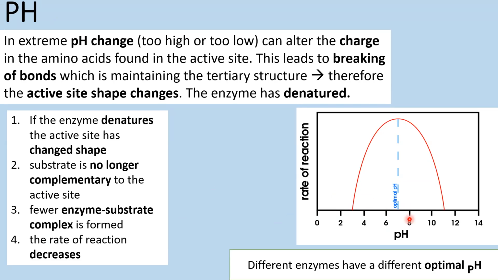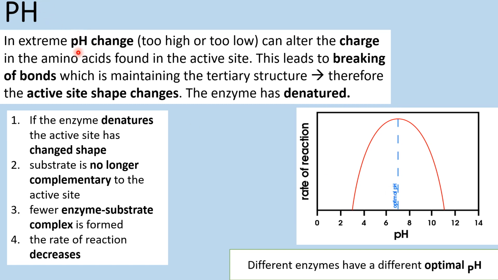pH, you can see here that this is rate of reaction and pH. In this example, the enzyme that we are talking about has an optimal pH of 7. Having said that, you need to be aware that different enzymes have different optimal pH, and in our case, for this particular enzyme, the optimal pH is 7.